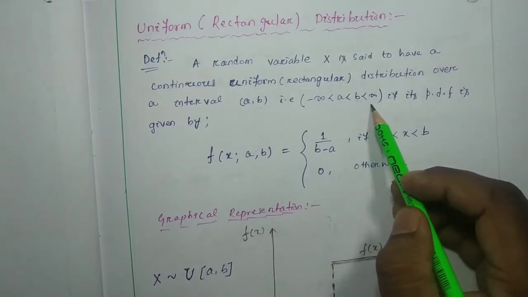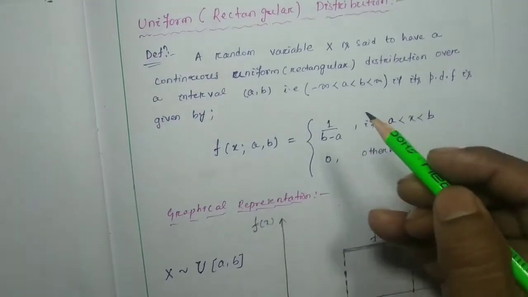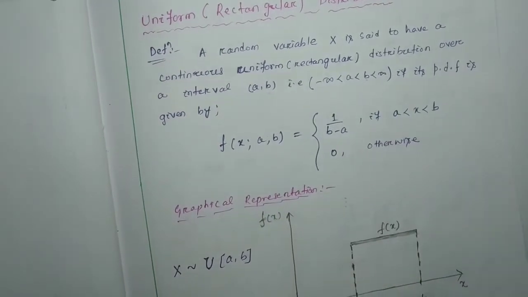That means any two numbers where a is always less than b.